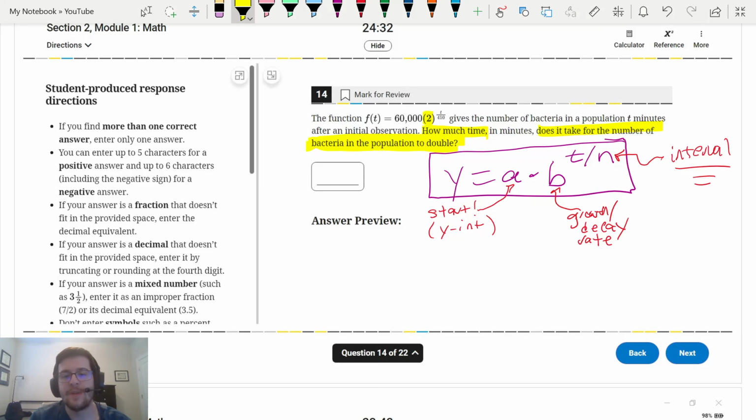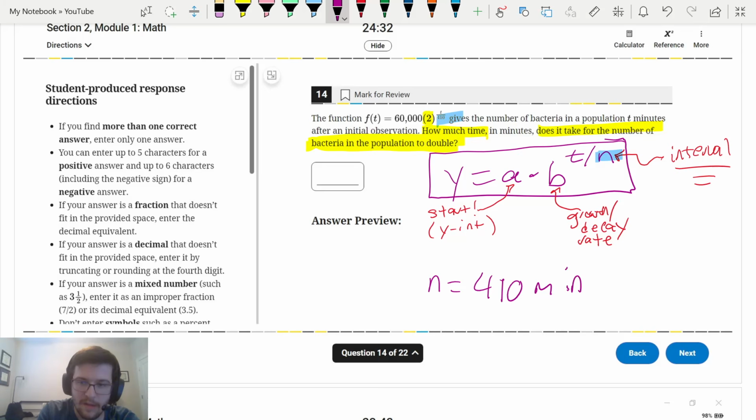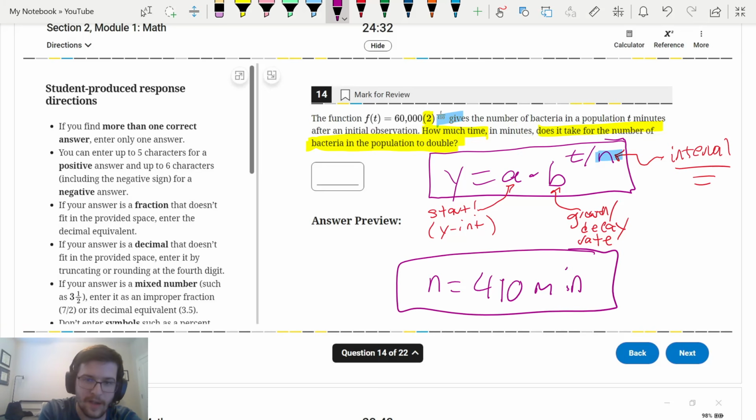It's asking you, how long does it take for that growth rate to be fully applied? It's asking you, what's the interval? And you see that's just the 410. You just look at it. So the interval is 410 minutes. That's the whole question. You just got to look at it. I'm going to do maybe a harder one off to the side as an example, or a couple more.